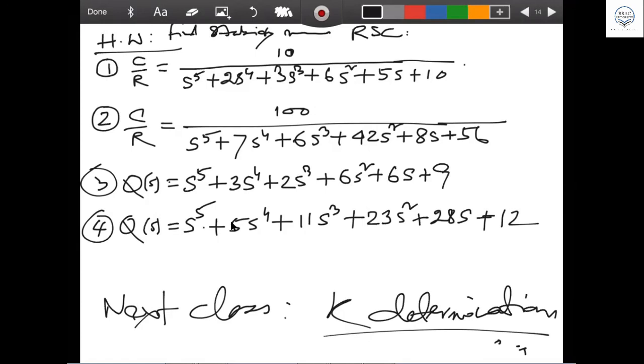All the practice problems you can solve after getting the K determination class, and then you can solve the rest of the part. That completes the Routhian stability criterion with this class and the next class together. After that, we'll go for the Nyquist criterion in frequency domain analysis. So that's all for the class today.